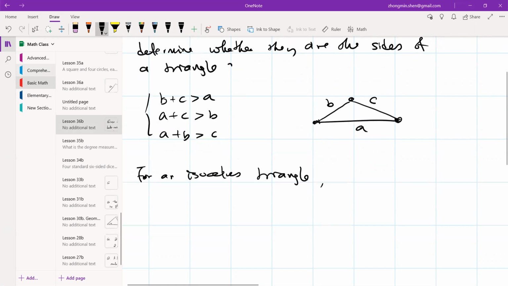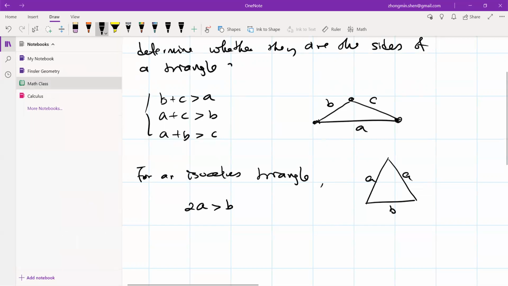For an isosceles triangle, you have one B and two A's, so you have two numbers, A and B. Whether they form a triangle depends on A plus A, 2A, being greater than B. This is the only inequality you need to check, because A plus B is always greater than A, so the other inequalities are automatically satisfied.